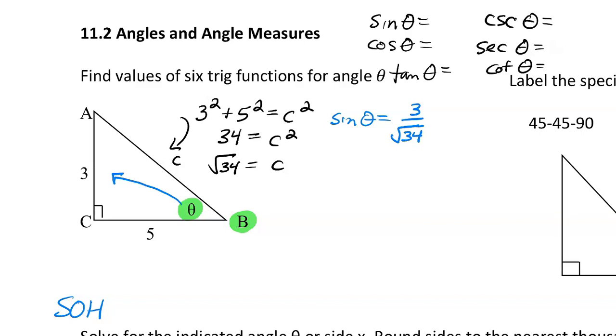Now, technically, we should rationalize the denominator by multiplying the top and the bottom by the square root of 34. So when we do that, a better answer would be 3 root 34 over 34. So this is our first ratio: sine of theta equals 3 root 34 divided by 34.